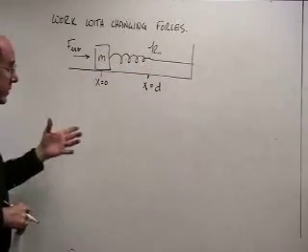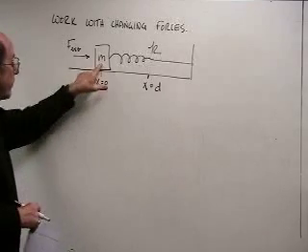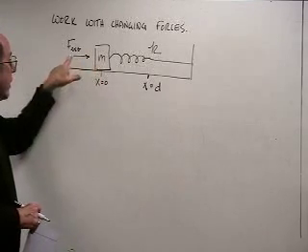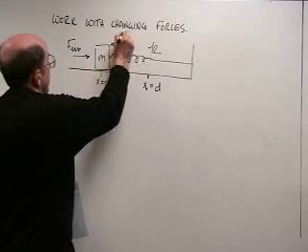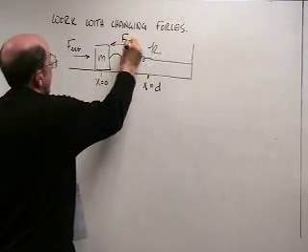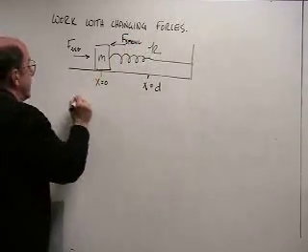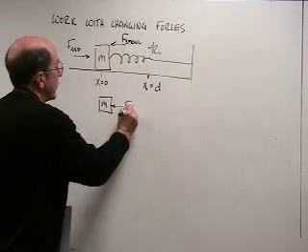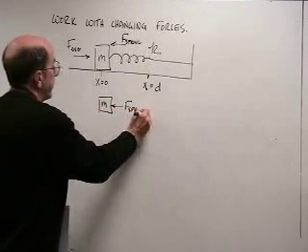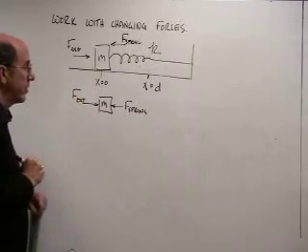Okay. Once again, I always have to draw out a force diagram and label the forces. The forces acting on this mass are the external force and the force that the spring exerts. So I've got the mass, the force of the spring, the force of my hand, this external force here.